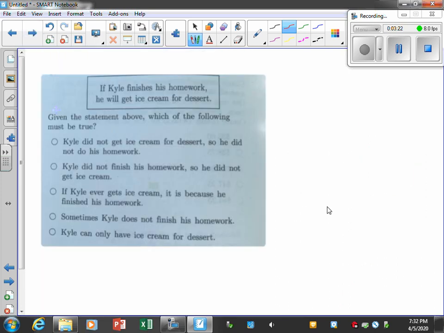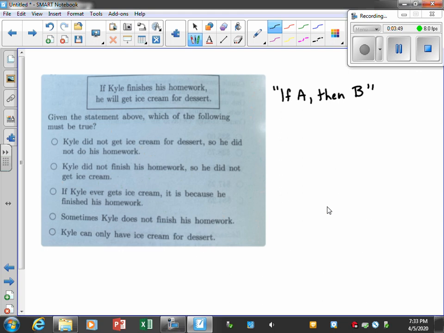All right. If Kyle finishes his homework, he will get ice cream for dessert. Now, this you might not be the most familiar with, but this is an if-then problem. So if A, then B. If Kyle finishes homework, that's A, then B is he will get ice cream.